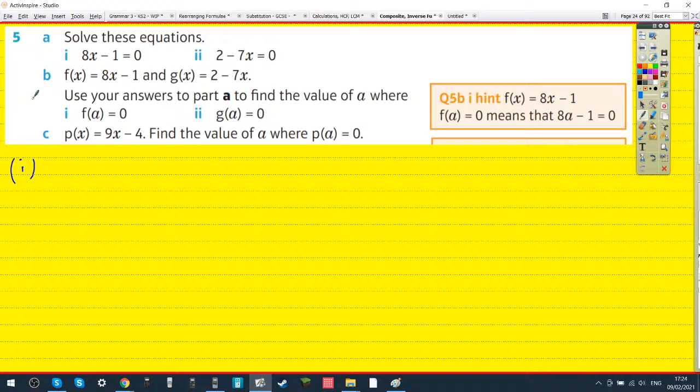8x minus 1 equals 0. Hint. Okay, so x. A, part 1. 8x minus 1 equals 0. Solve for x.